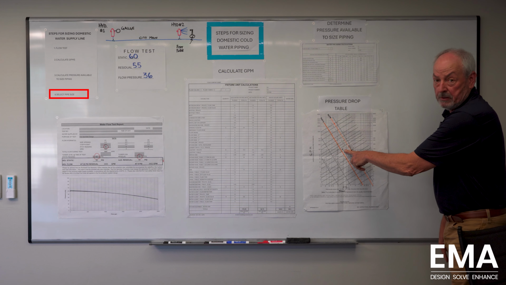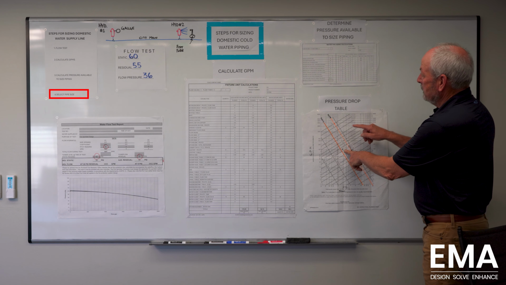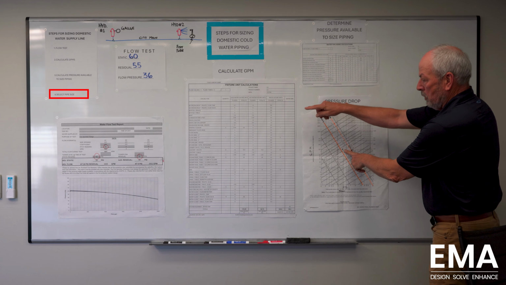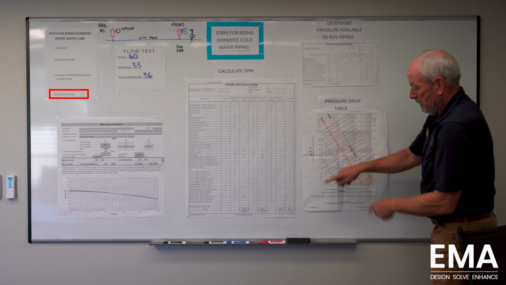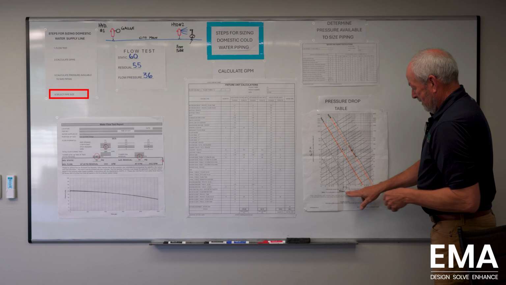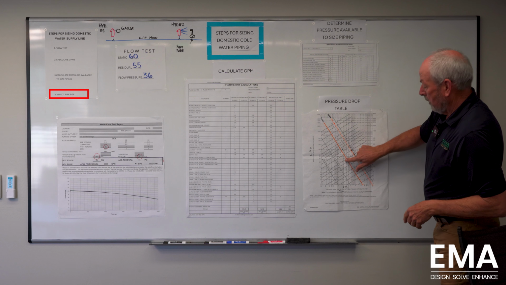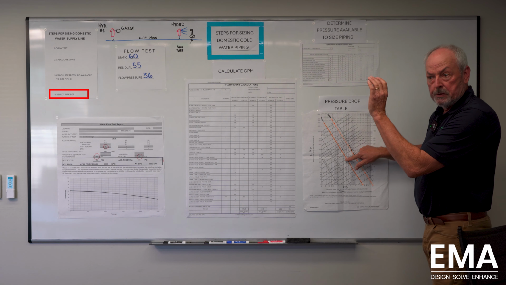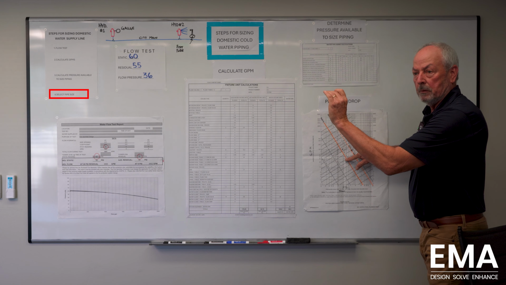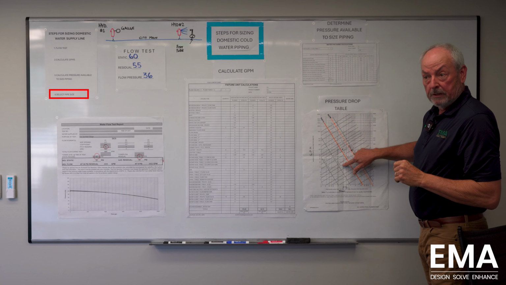So that's the size of the line that we want coming into the building. And remember, you come into the building with a 2.5 inch line serving 95.5, 96 GPM. You want to use the 2.5 PSI per 100 foot all the way through as the GPM drops in the building.